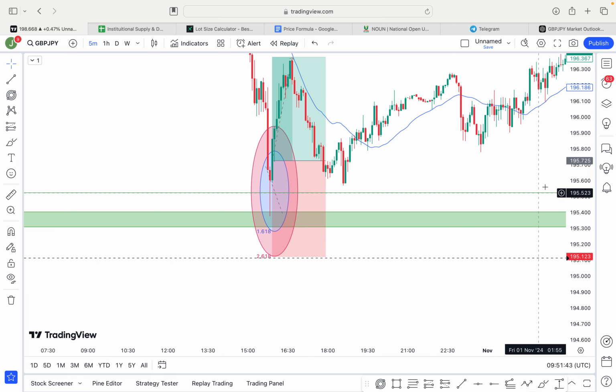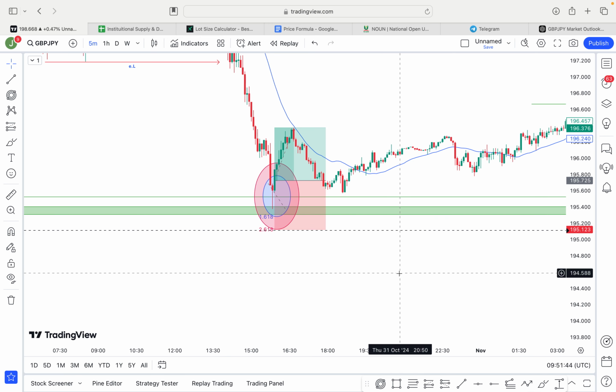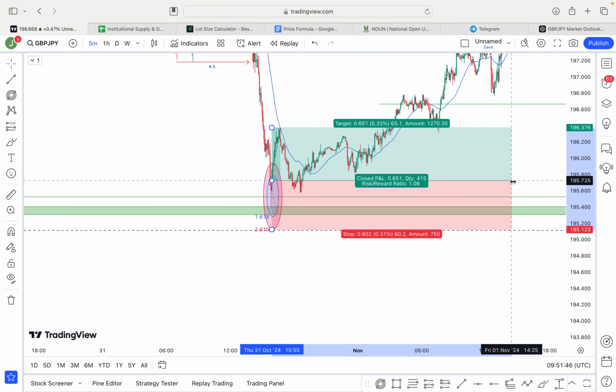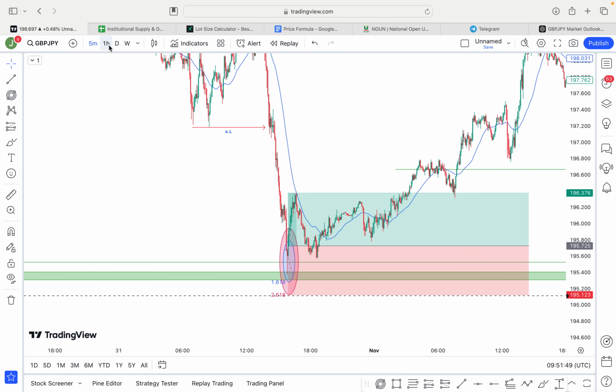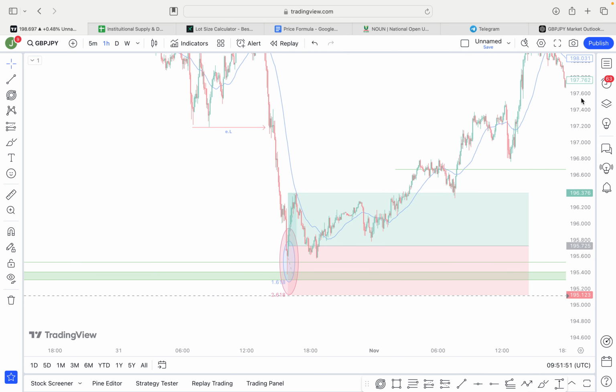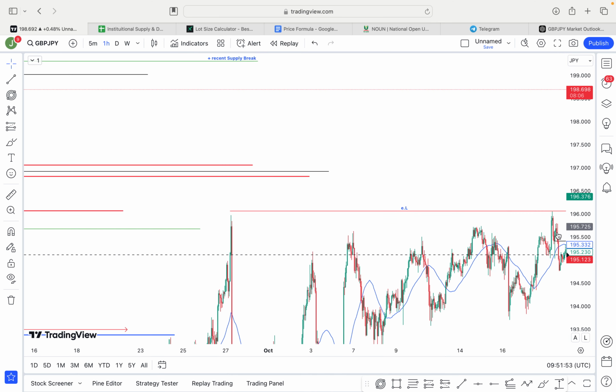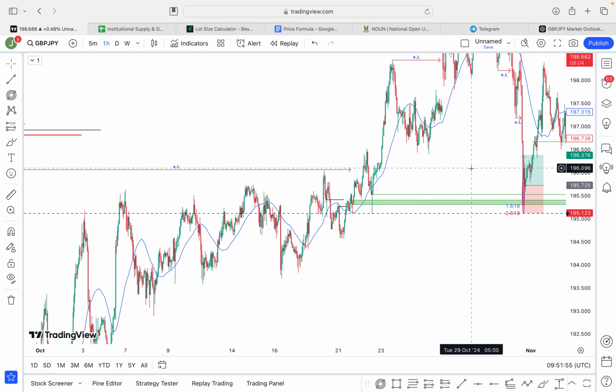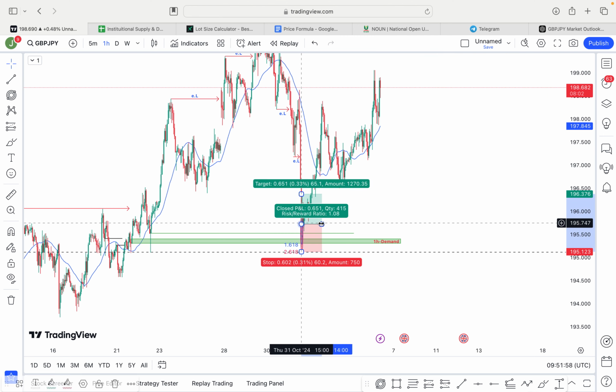But the point is, look at the risk to reward ratio. Let's look at what the total risk to reward will be at our final TP.